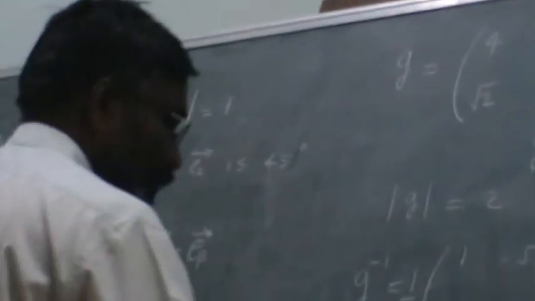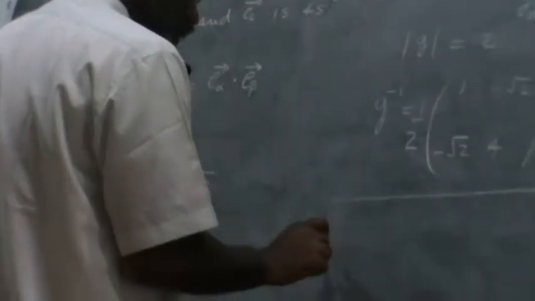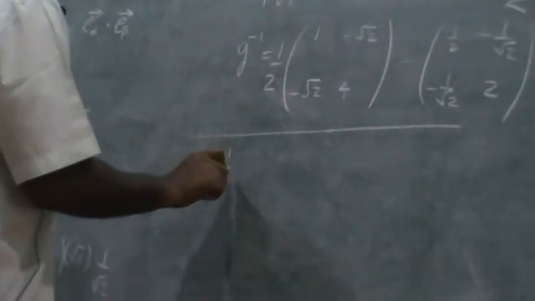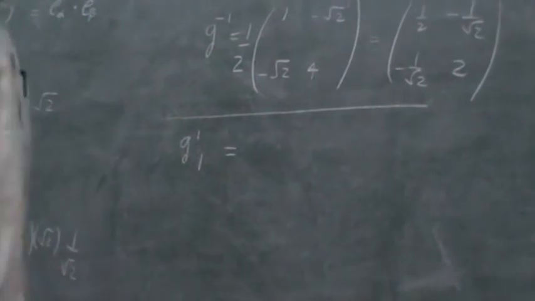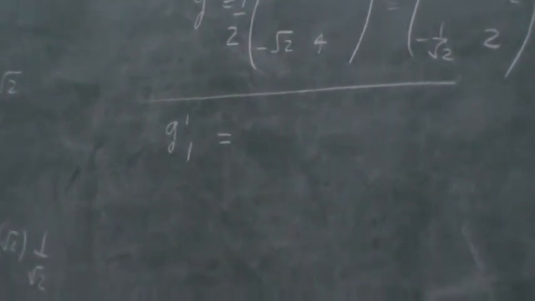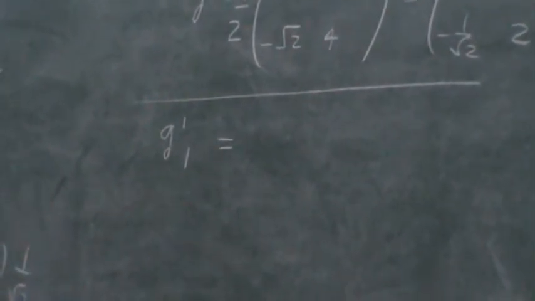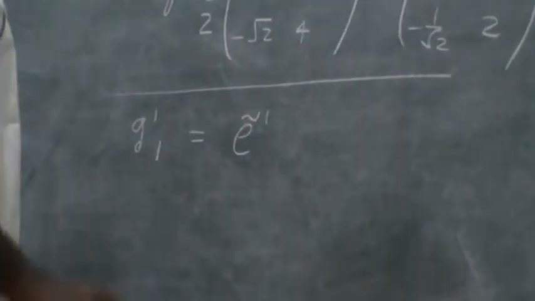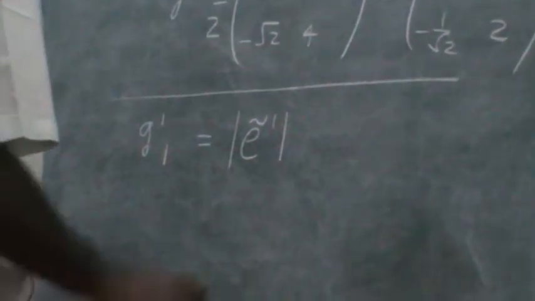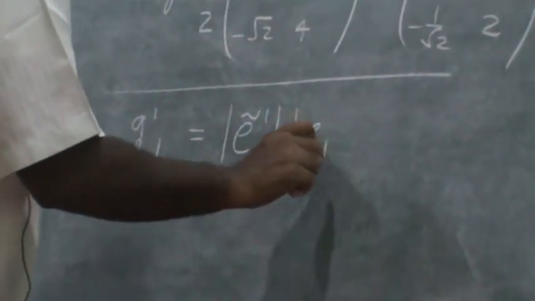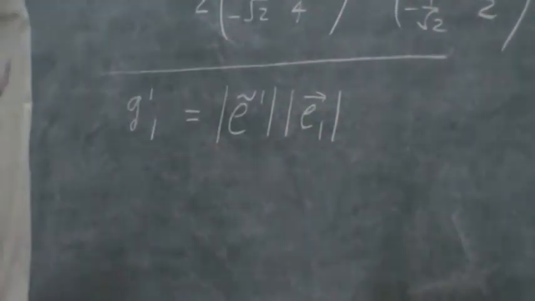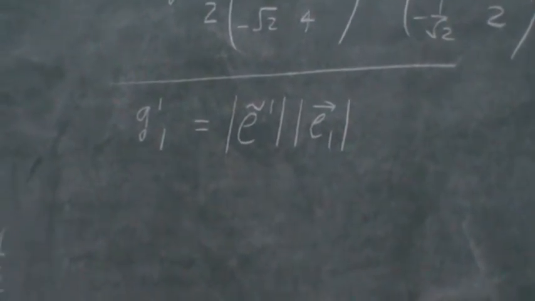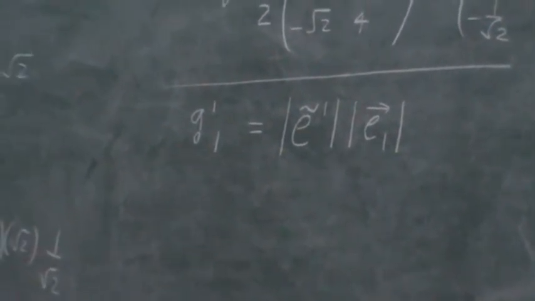We can also talk about the mixed metric tensor, for example, G11. How do we get G11? You take the magnitude of E1 and the magnitude of E1 tilde, and of course, you have to talk about the cos of the angle between them.